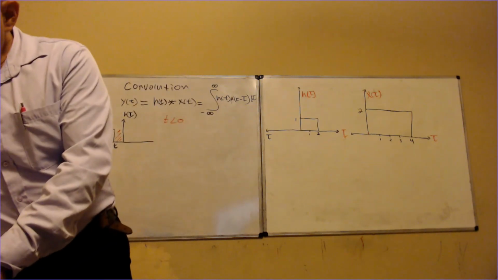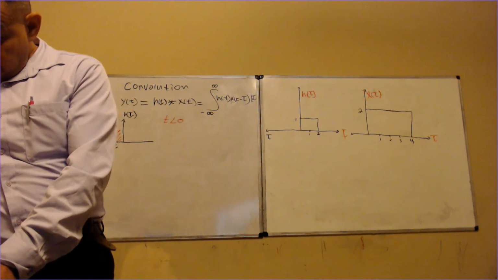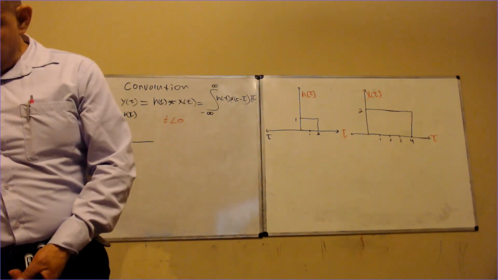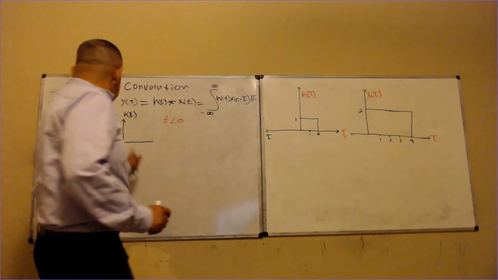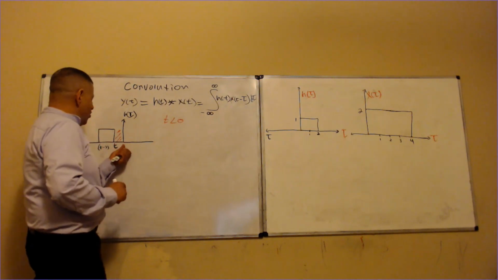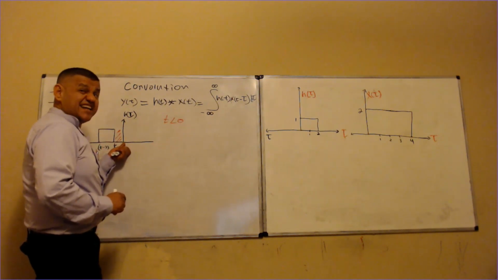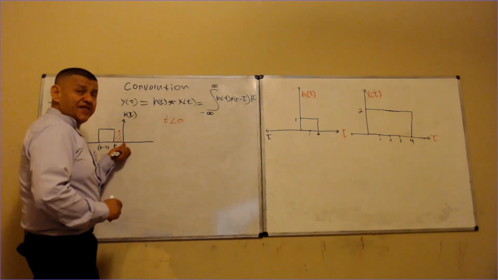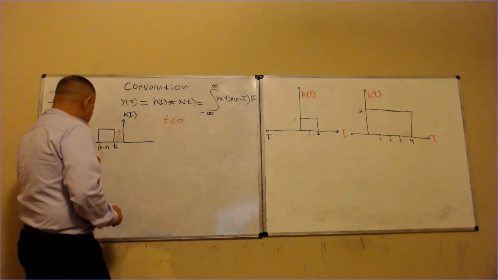So when t is less than 0, there is no overlapping. So technically it's nothing. Why? Because I know that this is the first place where I need to pay attention to, and it's nothing there. From up to here is nothing.